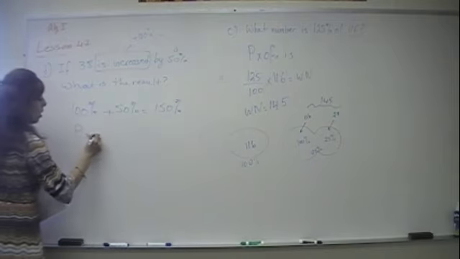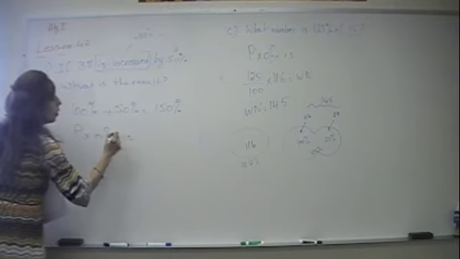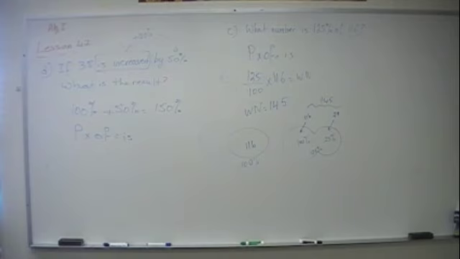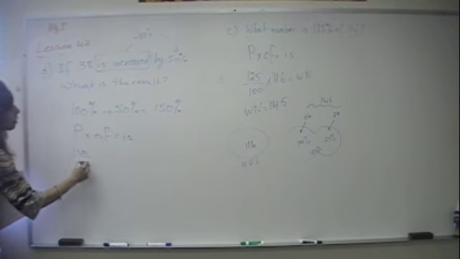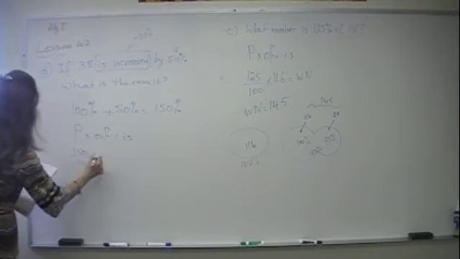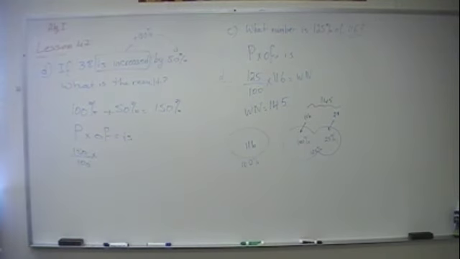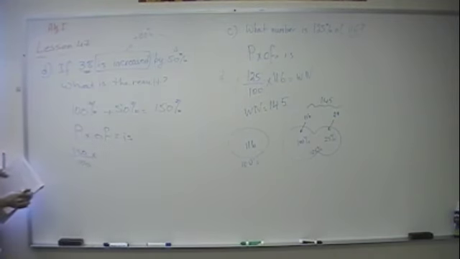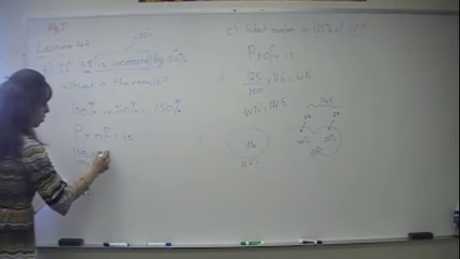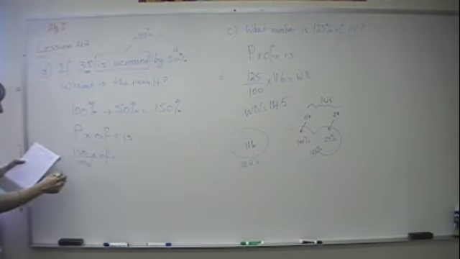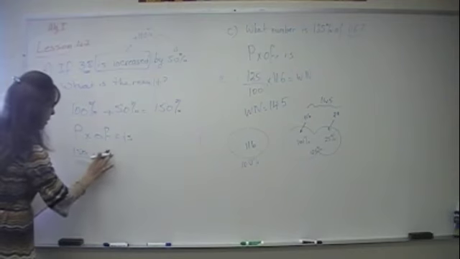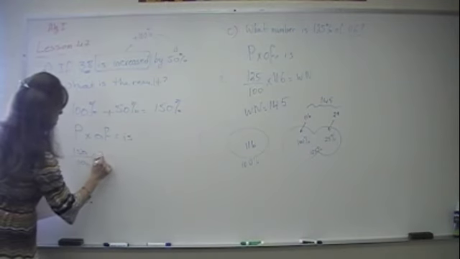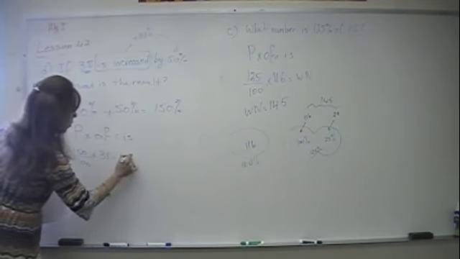P times of equals is, P now is 150. 150 out of 100 times of, 38. 38 is of, and is your Wn.